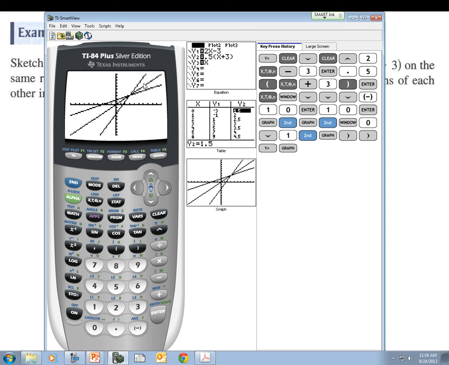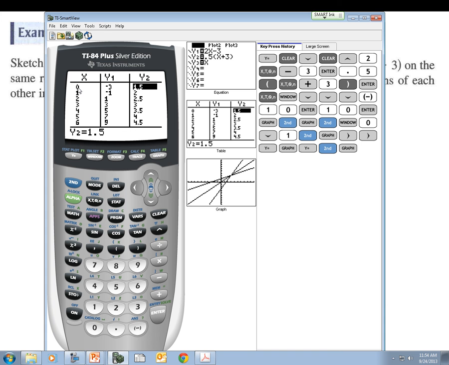So we can just look at it, but really if we want to see it, the x's and the y's should switch. In our y1 and y2, if we made a t-table, the x's of one should be the y's of the other. So let's see if that's true. Let's check our table. If I plug in 2, I get 1 in y1, which means that if I plug in 1, I should get 2 in the other one.